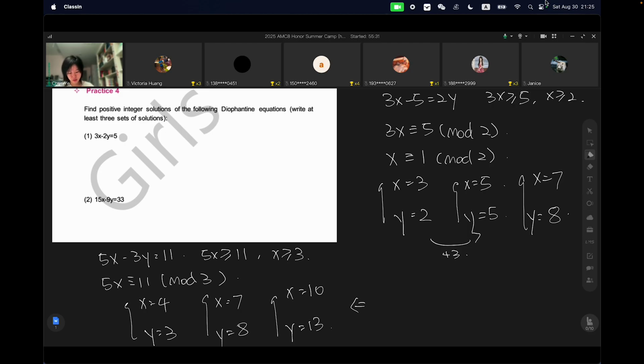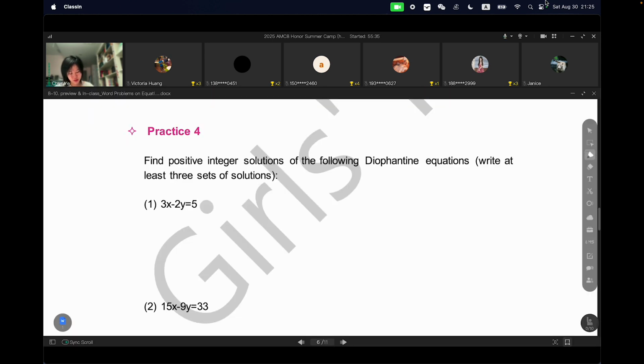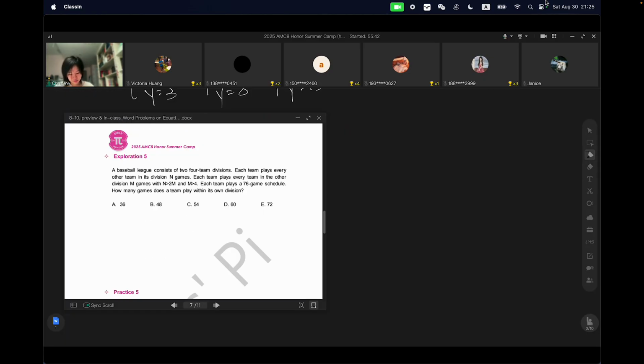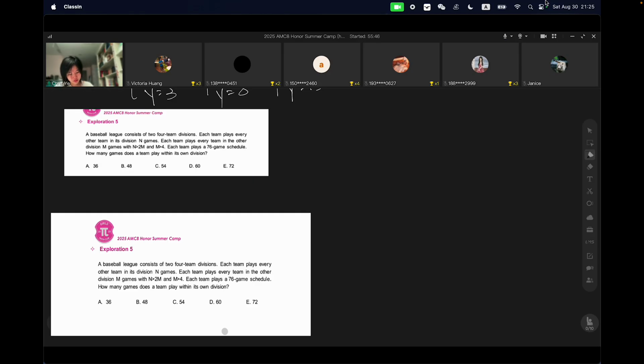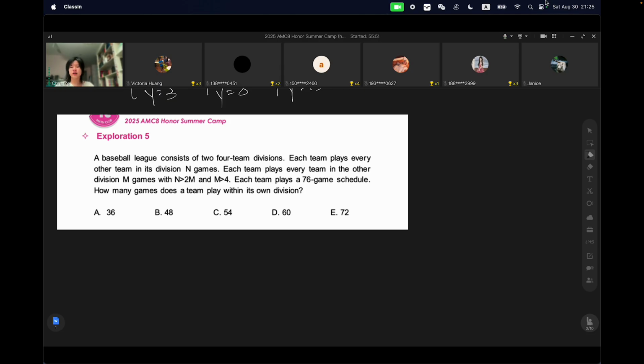If not, then we can finally move on to our last couple concepts, which are basically the same as before, but we are using word problems now. Okay. So first is a baseball league consists of 2 4-team divisions. That means there are 8 teams in total.